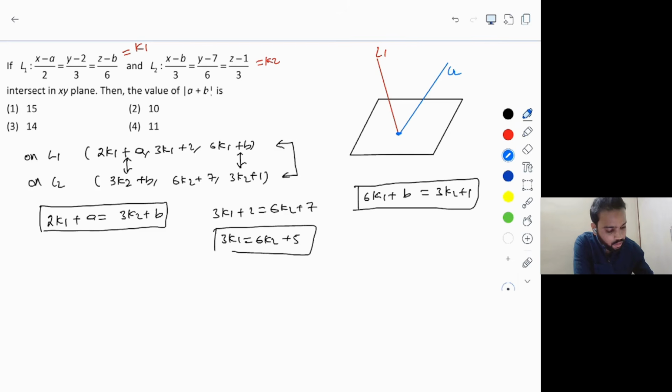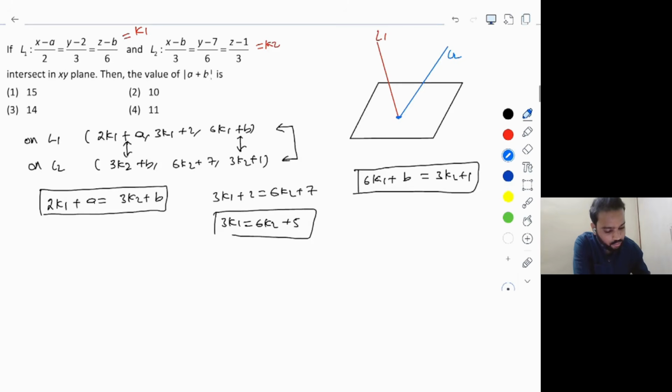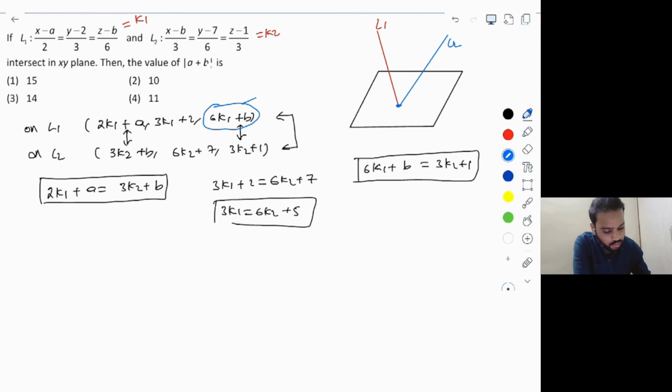We know very well, as I told you in the last video, that if the straight line is intersecting in the xy plane, obviously the z coordinate can be equated to 0. So I'm going to equate the z coordinates to 0. If I equate the z coordinate of the first line to 0, one condition I get is 6k1 plus b equals 0, otherwise k1 equals minus b by 6. Let us keep it aside.